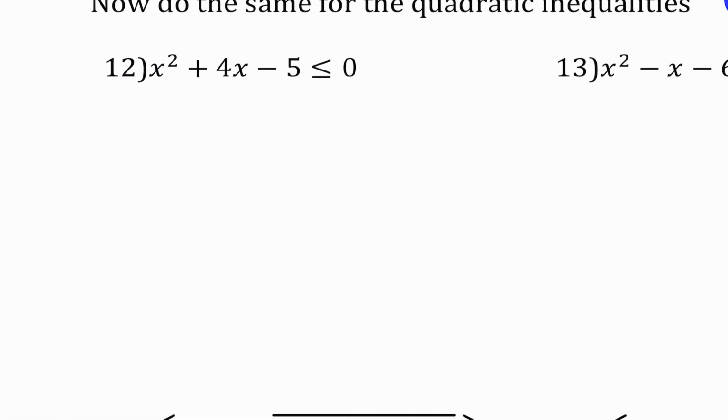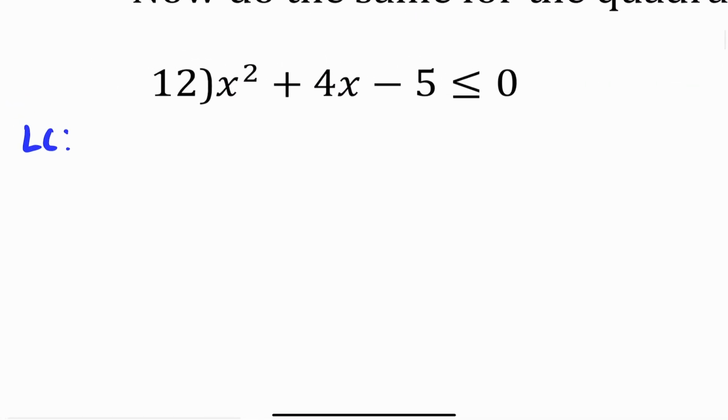We have x squared plus 4x minus 5, which is less than or equal to 0. Now, the first thing that I want you to do is determine the leading coefficient. The leading coefficient would be the number in front of the term with the largest degree, which is x squared. So what is the number in front of x squared?